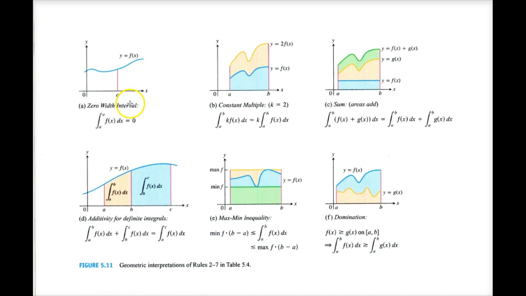And so these are just visual depictions of what most of these properties are talking about here. So this is our zero width interval. We see the constant multiple. So we know that if we take the definite integral of f of x, we can just multiply that by 2 and get what that is if 2 is the constant.